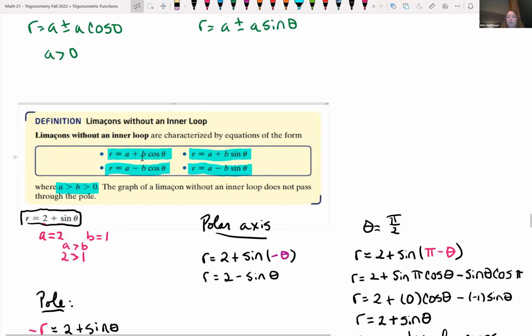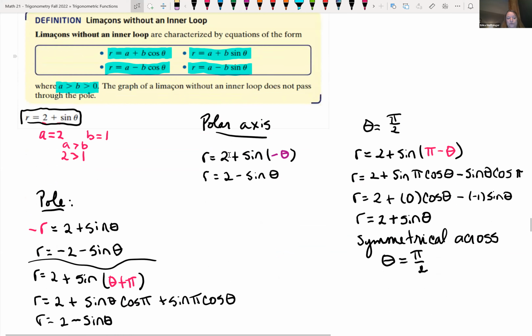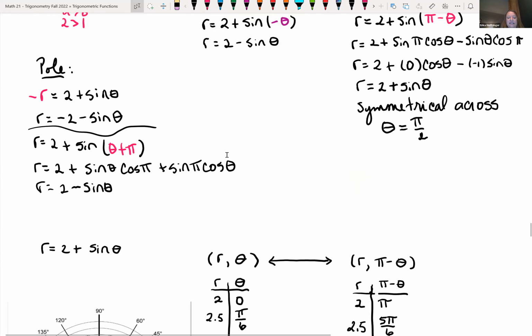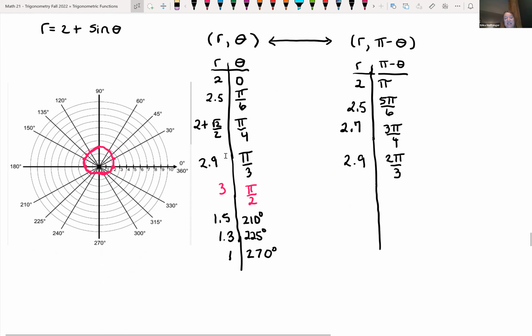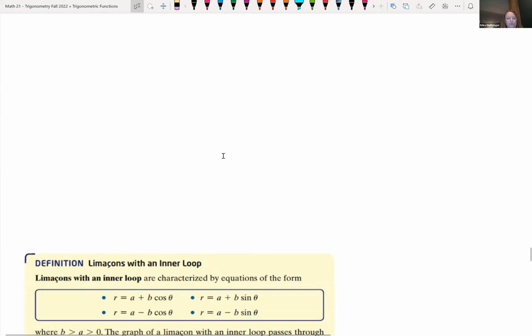So if we have the form r equals a plus or minus b cosine theta, or r equals a plus or minus b sine theta, where our coefficient a is bigger than our coefficient b, then it's going to be a limaçon curve without an inner loop. So now let's look at another form where these limaçon curves have an inner loop.